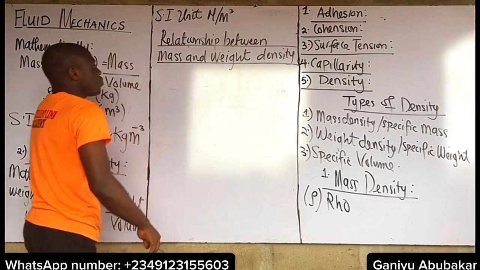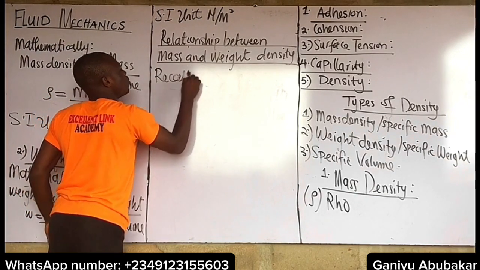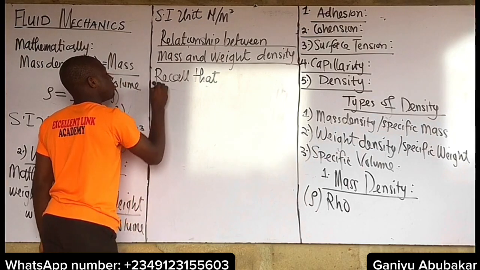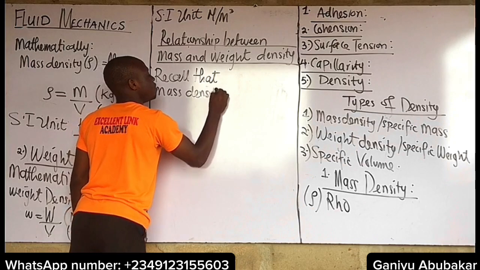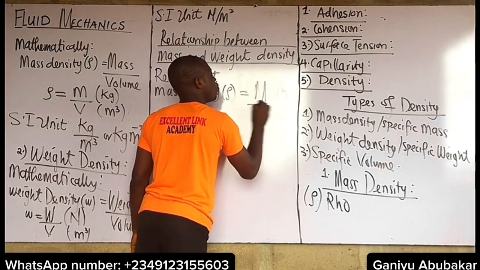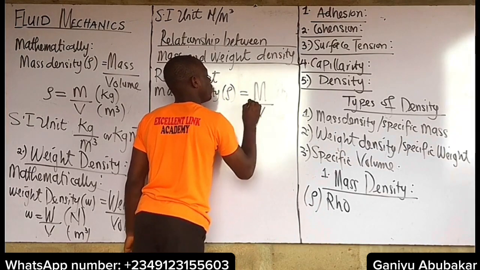Recall that when it comes to mass density, which is rho, it is the mass over volume. We said this earlier: mass over volume.